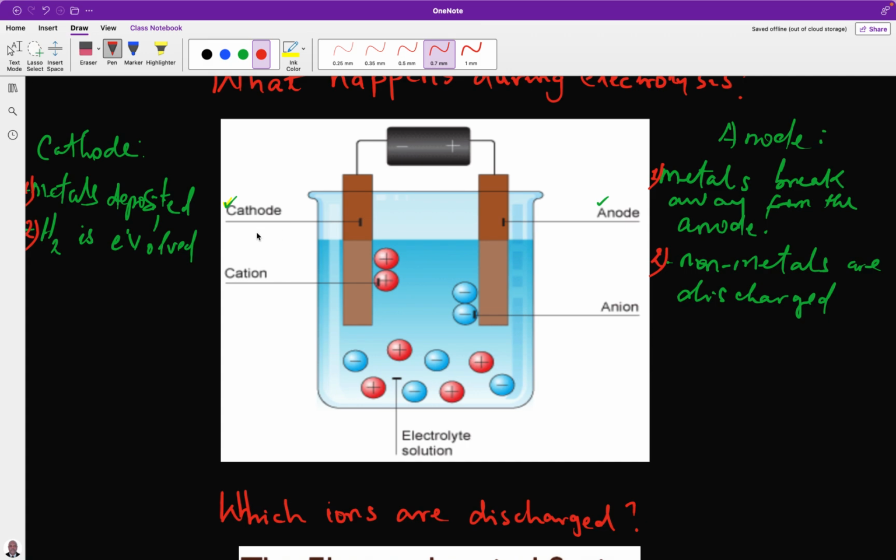So at the cathode, there is reduction occurring.